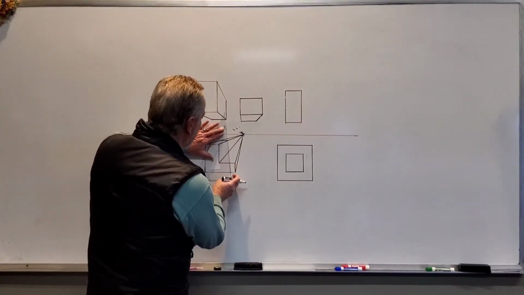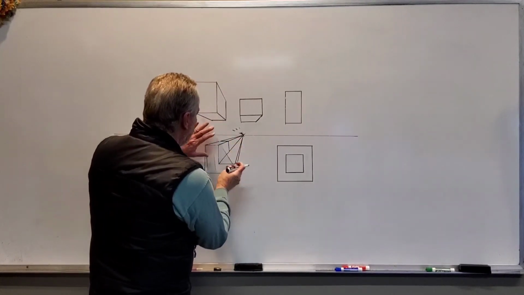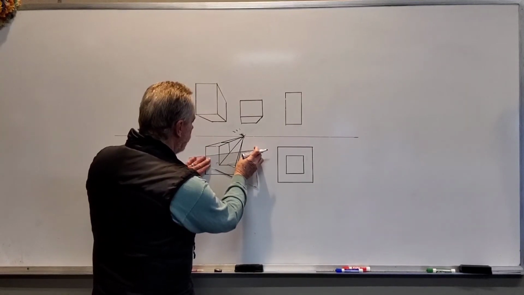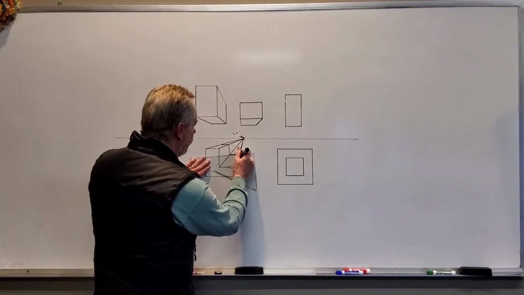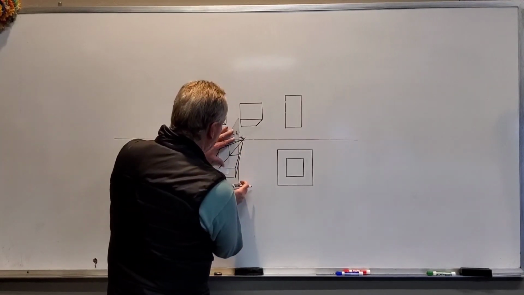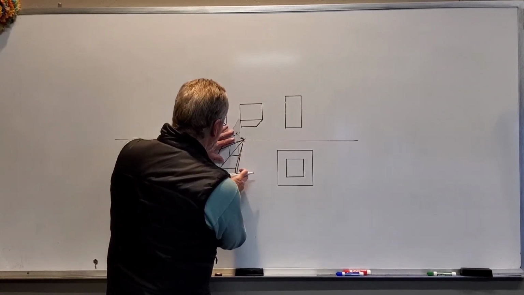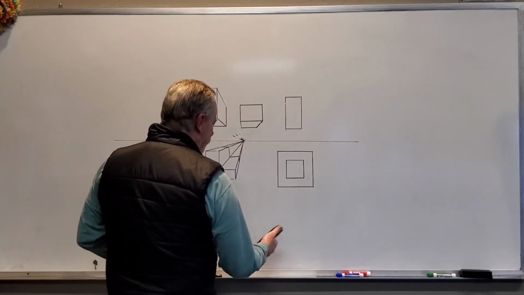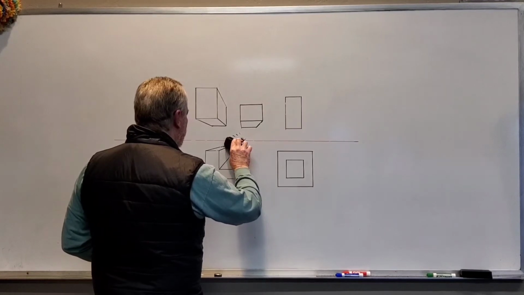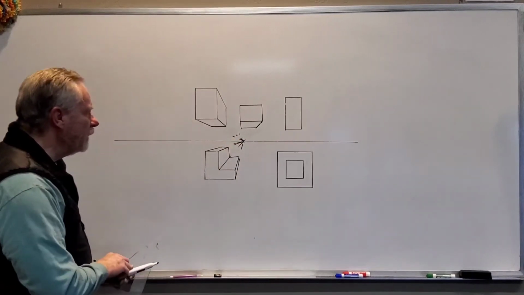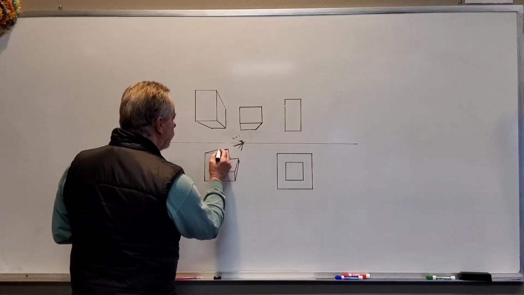So this one comes straight down, and it comes out parallel to this line, and then back down. I erase those lines, and basically there's my object, drawn in 1-point perspective.